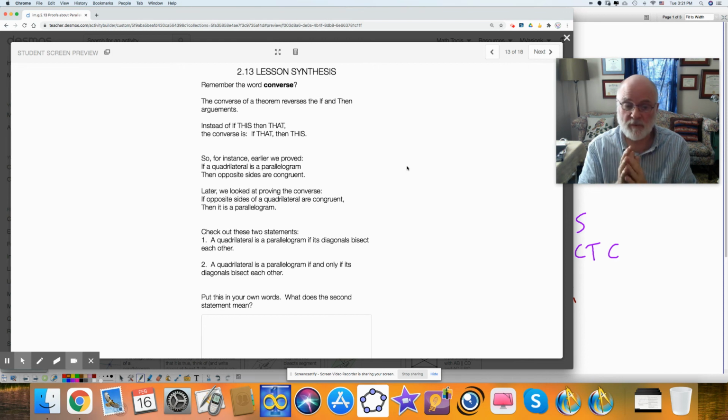They don't always have to be true, and if they're both true, then this is an if and only if statement. If a quadrilateral's diagonals bisect each other, then it's a parallelogram. In other words, statement 2 here: a quadrilateral is a parallelogram if and only if its diagonals bisect each other.